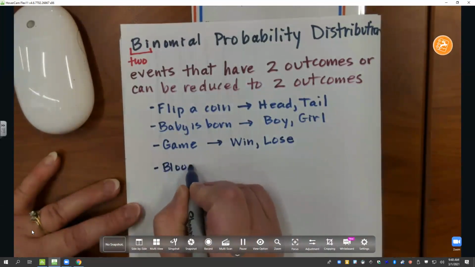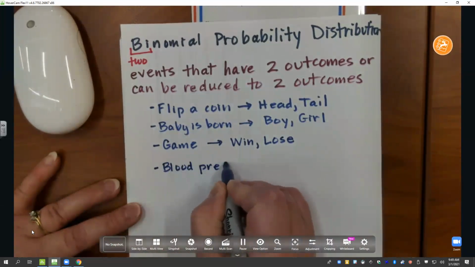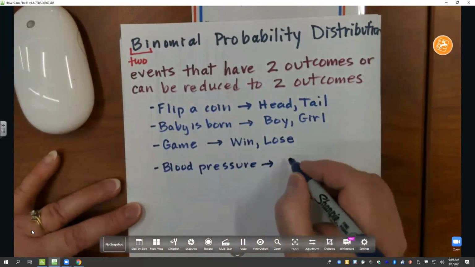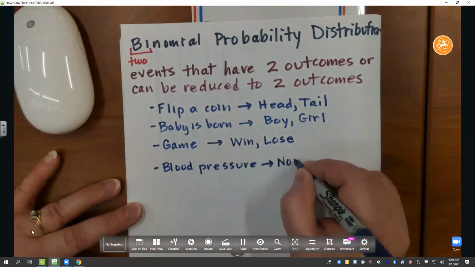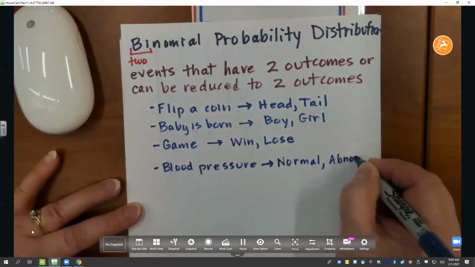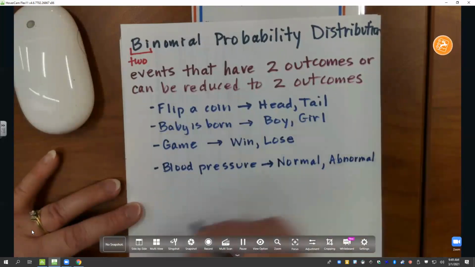If you're in the nursing field and you're checking blood pressure, or even for your own personal knowledge, blood pressure could be classified as normal or abnormal.